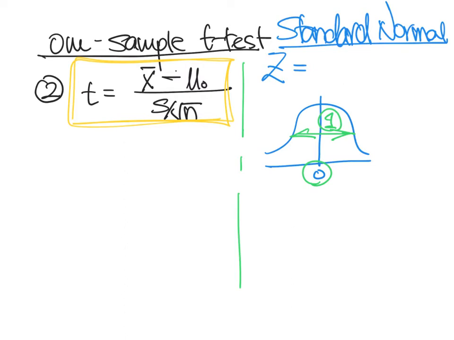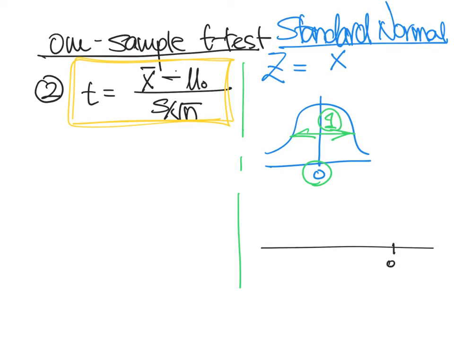And when we have any kind of normal distribution, let me say X, a non-standard normal distribution, can you remember how we can standardize it? For example, look at this one.